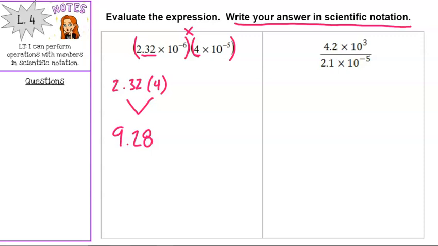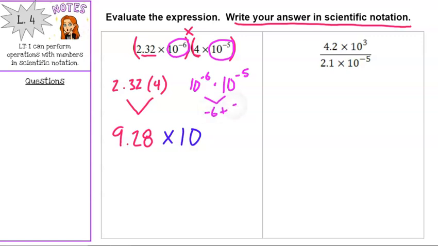And then I know with scientific notation that it's going to be multiplied by 10 to some power. So now we just have to figure out the power. In the problem, I have 10 to the negative 6 power times 10 to the negative 5th power. Now remember, when we multiply powers, we can do what with our exponents?